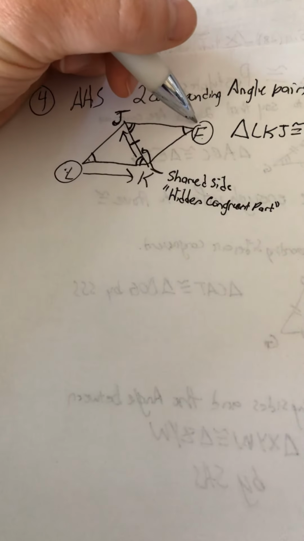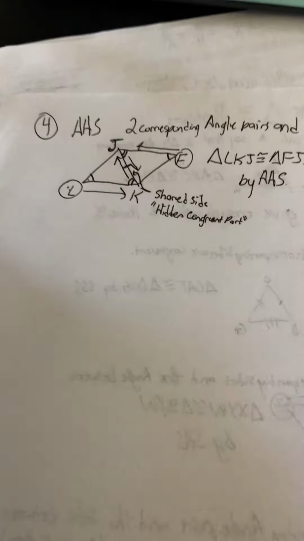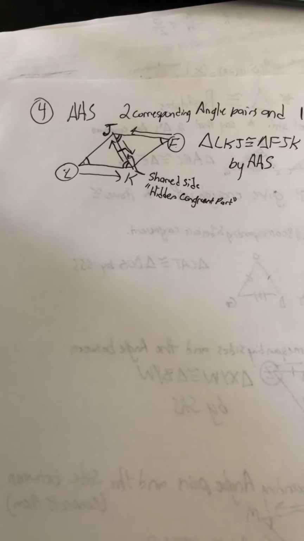So F, go to the 2, so that's J, and then down to K by angle, angle, side. Okay, the last one is going to be hypotenuse leg. Okay, when we hear the word hypotenuse, we're automatically thinking about what kind of triangle? Yep, right triangles.